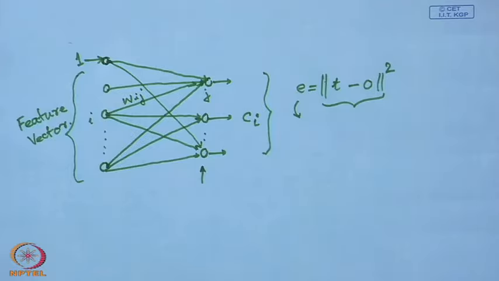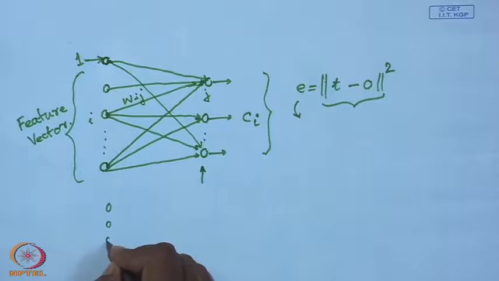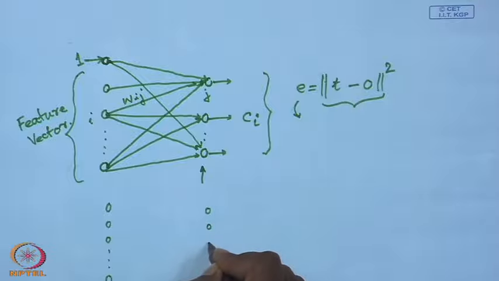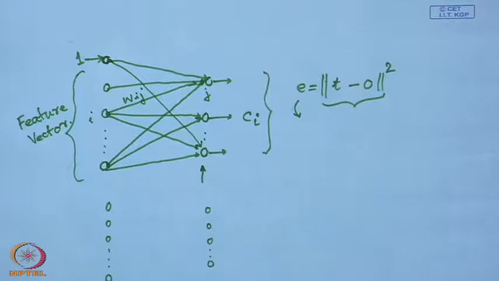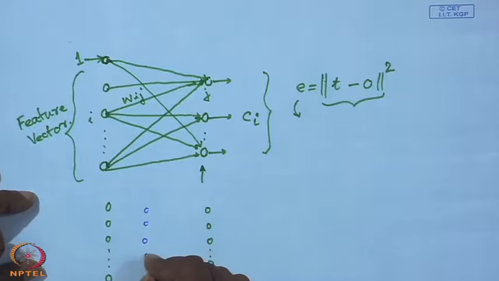In case of multi-layer perceptron, we had the same input layer. We also had the number of nodes in the output layer, which is same as the number of classes. In addition, we had one or more hidden layers.